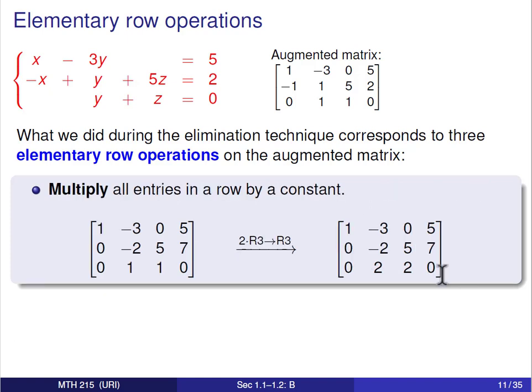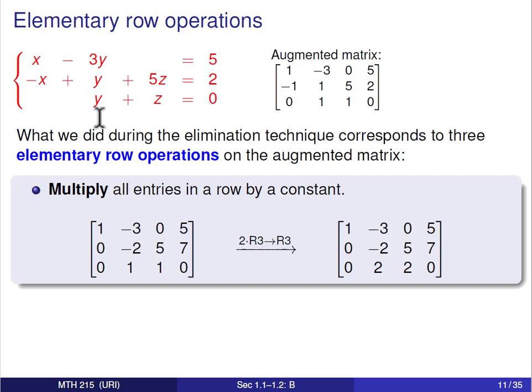Our second row operation deals with scaling. So the operation is to multiply all entries in a row by a constant. Now you'll remember that in our solution earlier, in combining the negative 2y plus 5z equals 7 and adding that to the last equation, we wanted to eliminate the y's, and the negative 2y we had earlier wouldn't cancel with 1y, so we needed to scale that equation by multiplying by 2.